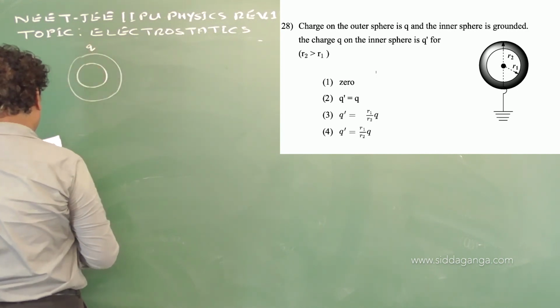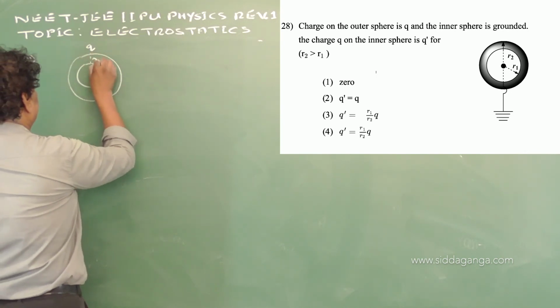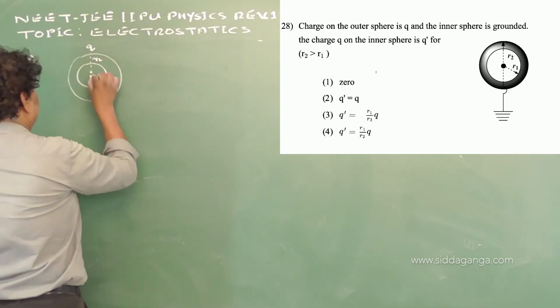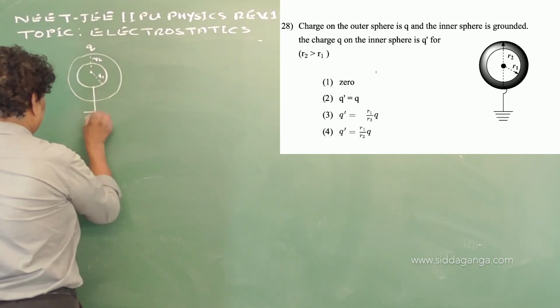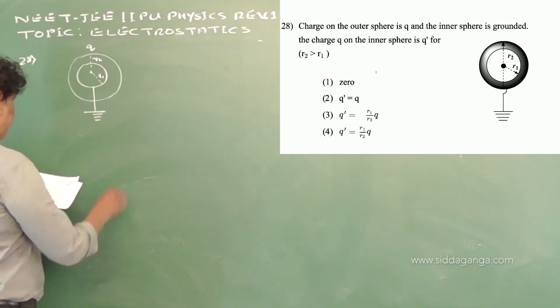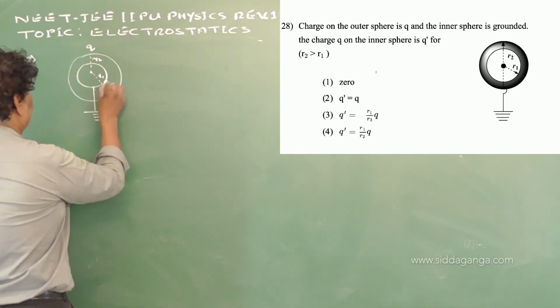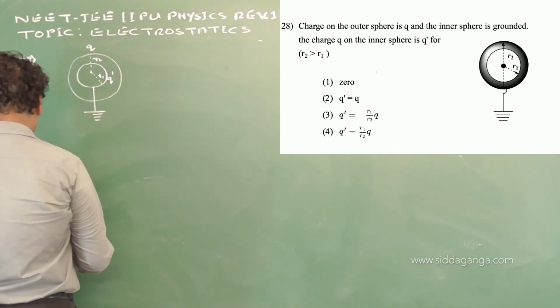The charge on the outer sphere is Q and its radius is R2. The radius of the inner sphere is R1 and the inner sphere is grounded. Therefore, inner sphere grounded means the net potential is equal to 0. Let Q dash be the charge on the inner sphere.